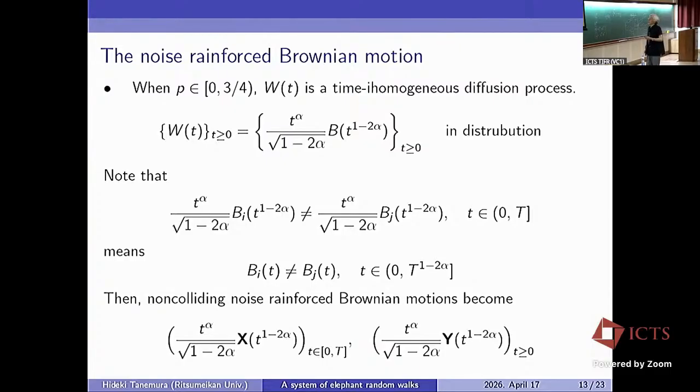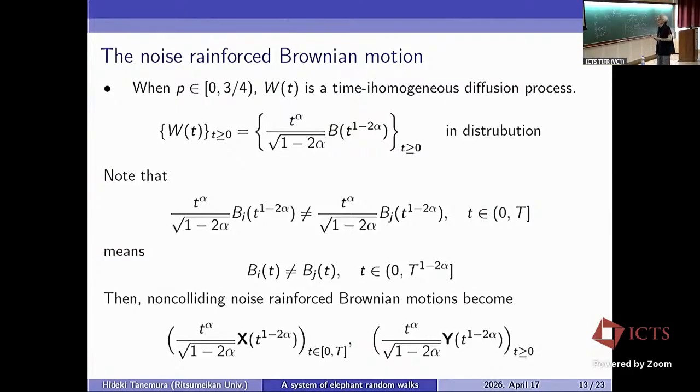And the point is, we are considering non-colliding Brownian motion, which is given like that, by using the formula given previously, and Dyson Brownian motion and so on. And the process is given like that.